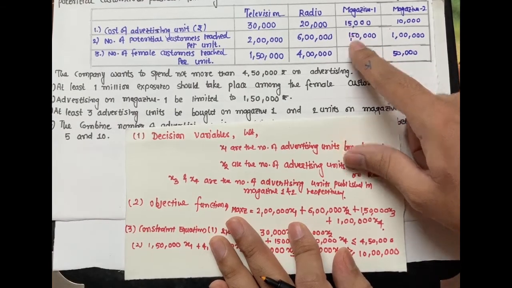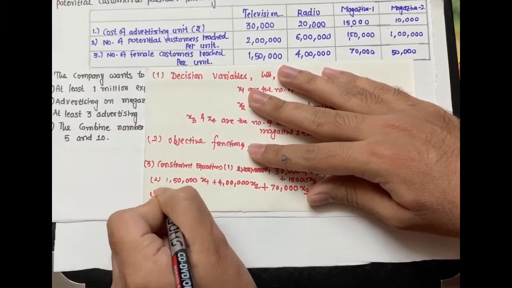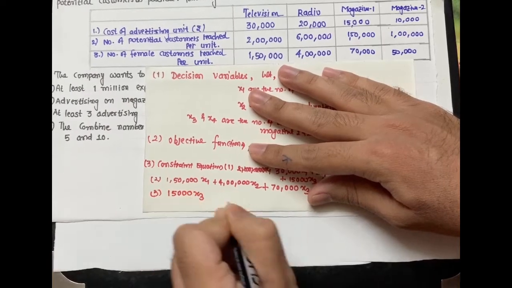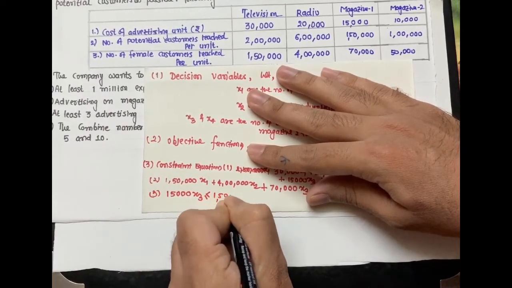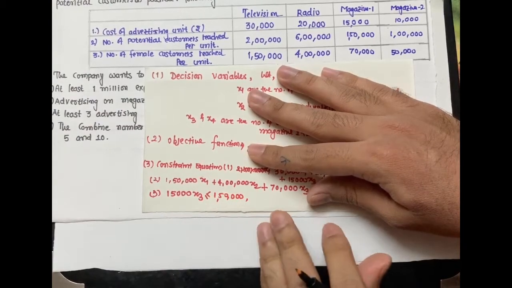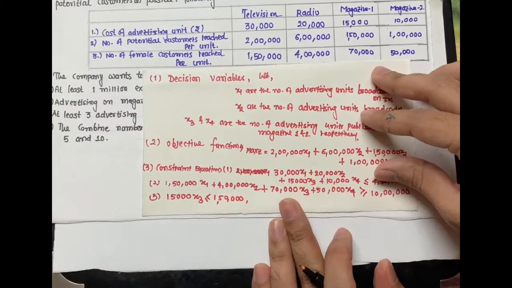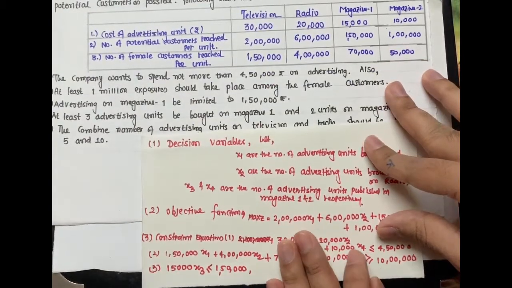How many are we broadcasting? x3. So the total cost is 15,000 x3, which is less than or equal to 1,50,000. This is the third constraint equation: 15,000 x3 is less than or equal to 1,50,000 rupees.